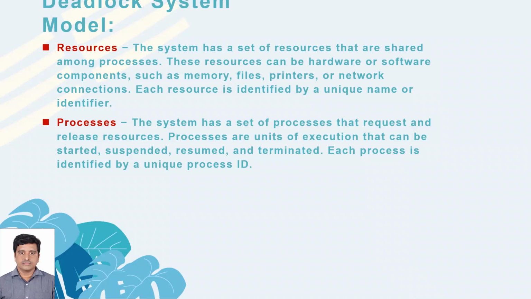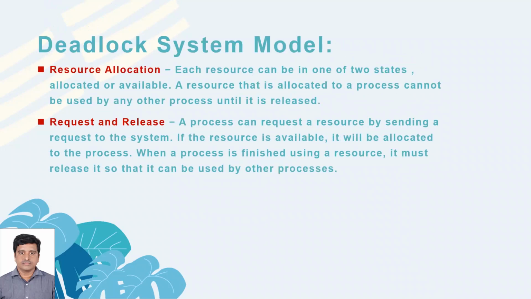Start means the resource is allotted to the work. Suspended means it is incomplete and will be suspended. Resuming means we again access the available resource, and terminated means the process is completely stopped. And resource allocation: each resource can be in one of two states, allotted or available.